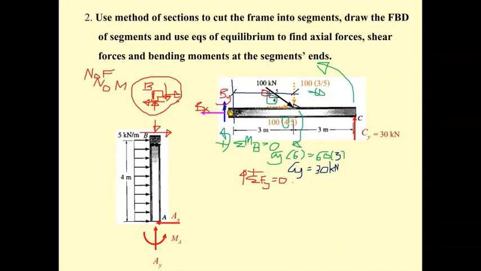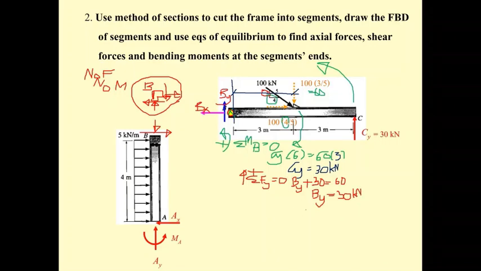So our B sub y is up, 30 is up, and all of them are going to be equal to the downward 60. And then the B sub y is going to be 30, and it's understandable because the 60 kilonewton is at the middle of the beam, so it will transfer half to the left and half to the right, so each of them gets 30 kilonewton.